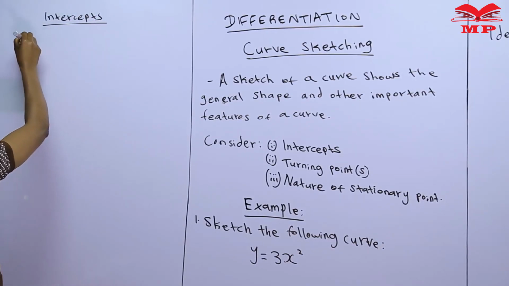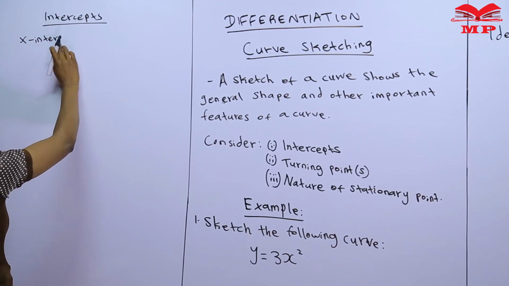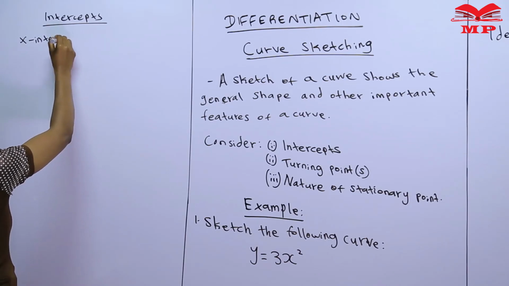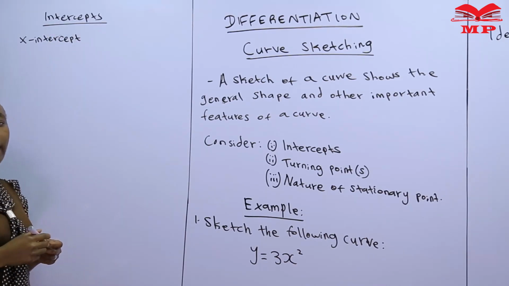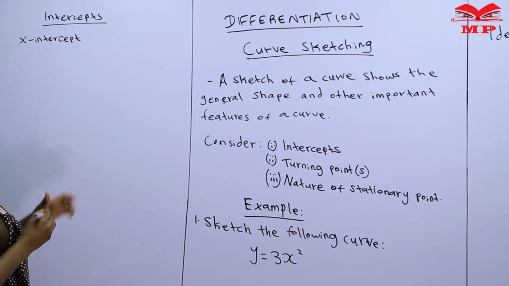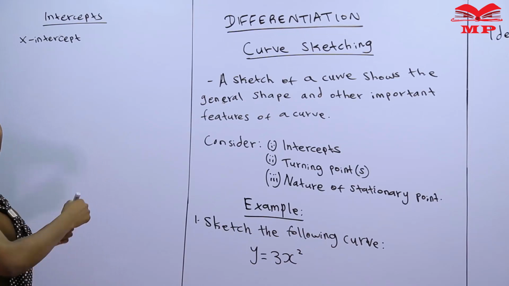That is the x-intercept, and also the y-intercept. So we can start with the x-intercept. The x-intercept is the point where the curve cuts the x-axis.